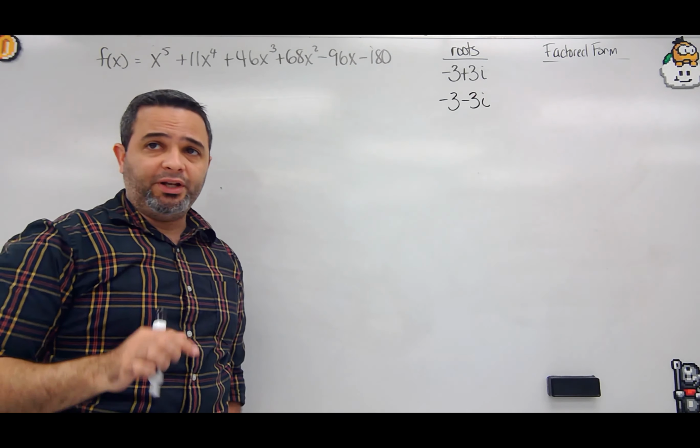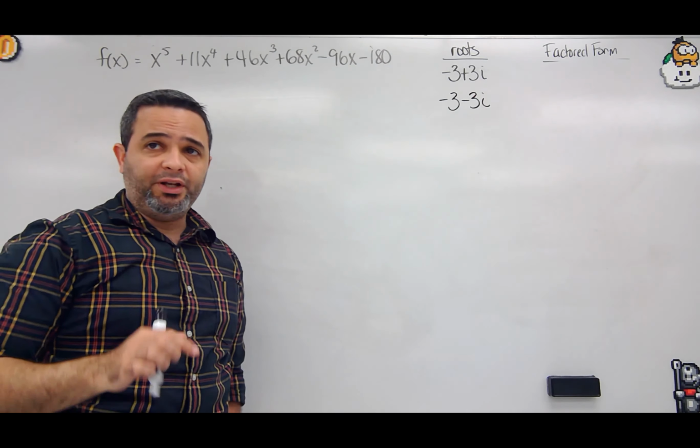So first, we're going to change this into factored form. As we did today, this would be x minus -3 plus 3i, and then x minus -3 minus 3i. We're going to take those and multiply them together.